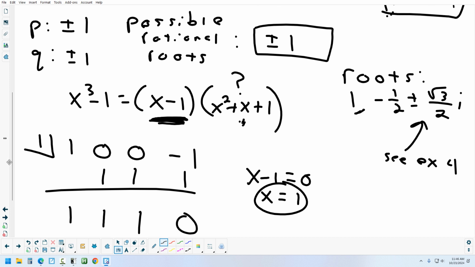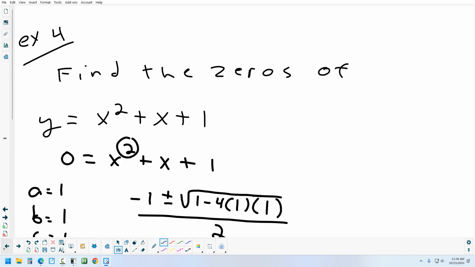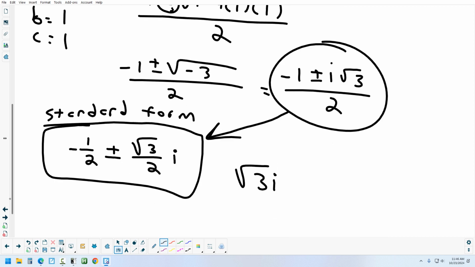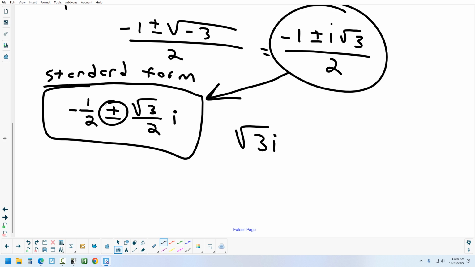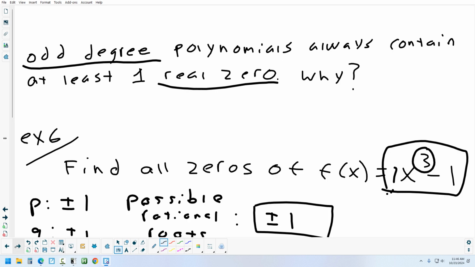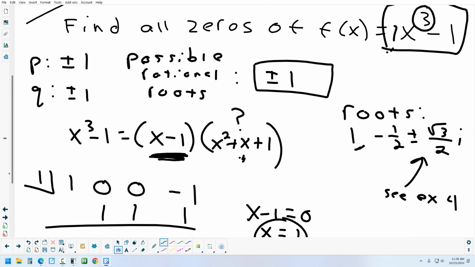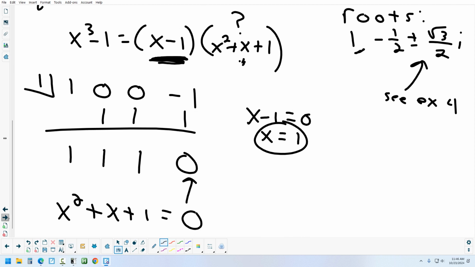No, it's plus or minus, because when you do the quadratic formula, we're copying down the plus or minus from the quadratic formula. That's where that is coming from. Any question on that? Okay.